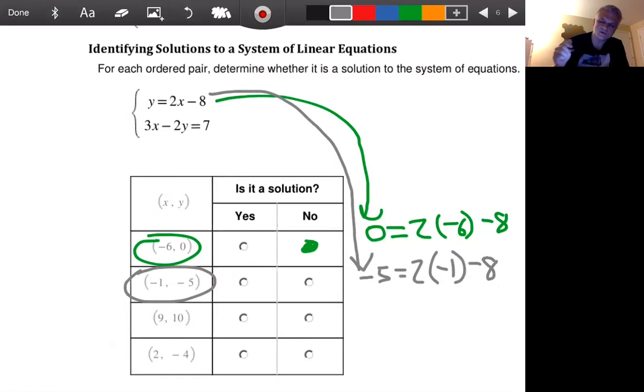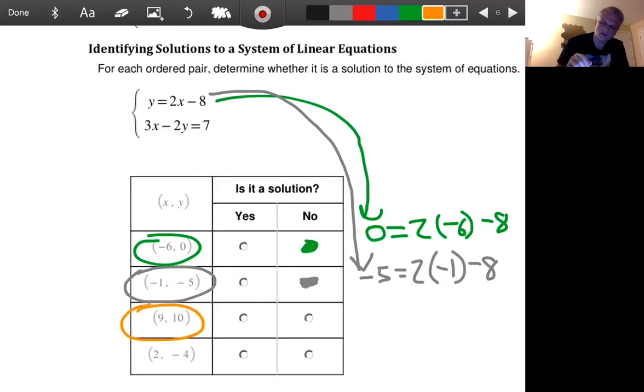Is that true or is that not true? No, not true. So once again, I don't even have to do the second equation. I know that it's not on the first equation, therefore it can't be on both. So it's not a solution. All right, we are 0 for 2 on this one. So let's try 9, 10.